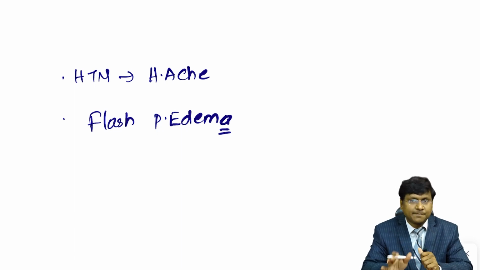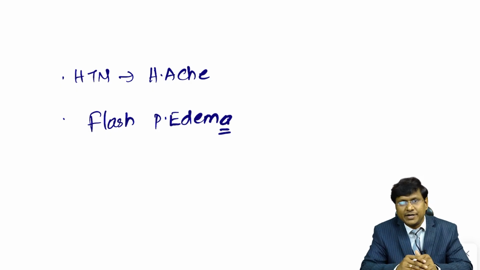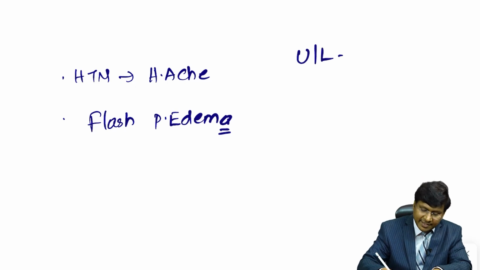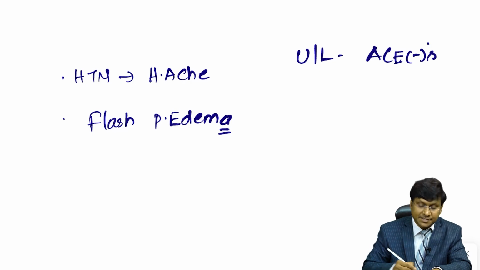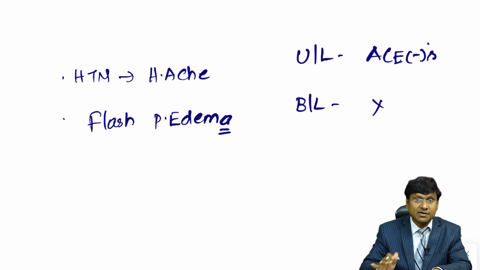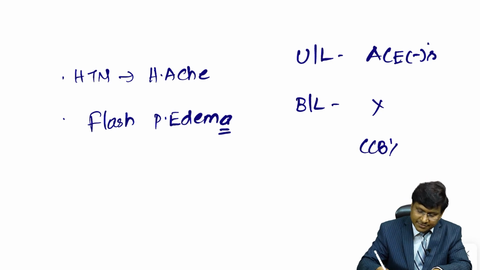And how will you diagnose? The first line investigation will be ultrasonography, and the confirmatory test you can do is renal angiography. And for the treatment, in unilateral renal artery stenosis you can give ACE inhibitors. Whereas for bilateral renal artery stenosis, ACE inhibitors are contraindicated, and you need to give calcium channel blockers.